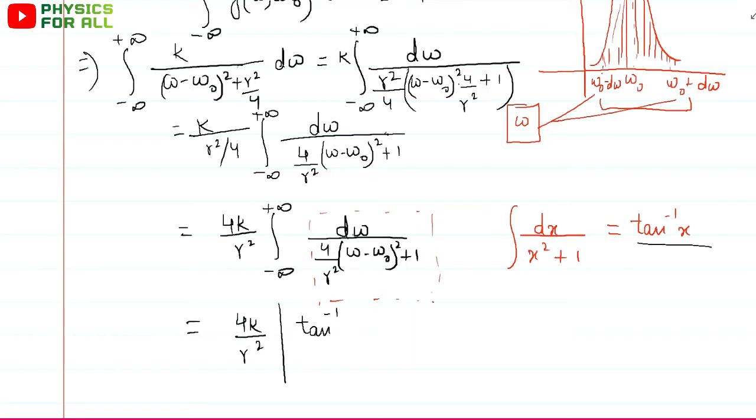And this is x square. This quantity is x square. And I need x. So tan inverse x would be what? That would be 2 by gamma omega minus omega naught. Totally fine. 2 2s are 4, gamma square, omega minus omega naught whole square.